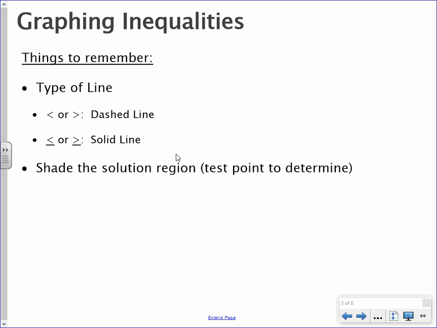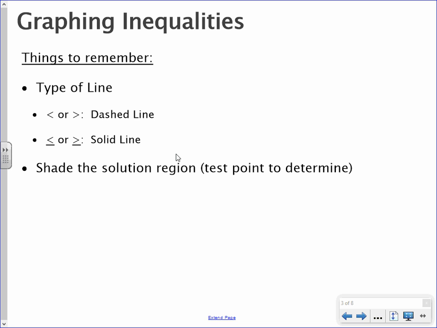As we mentioned earlier, if we have more than one inequality graphed together, which is what we're doing, then we shade where all of those solutions overlap. Some of you may want to shade, and then darken in where the shadings overlap. I'll give you a couple other ideas as we go along.